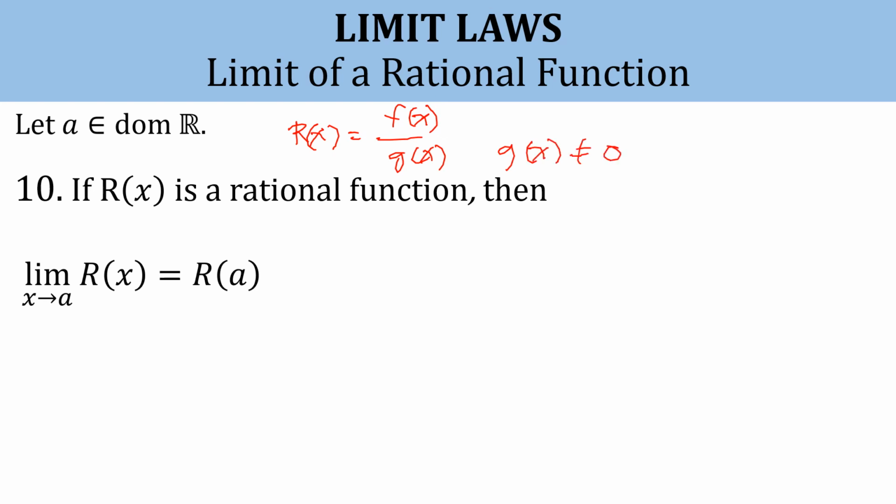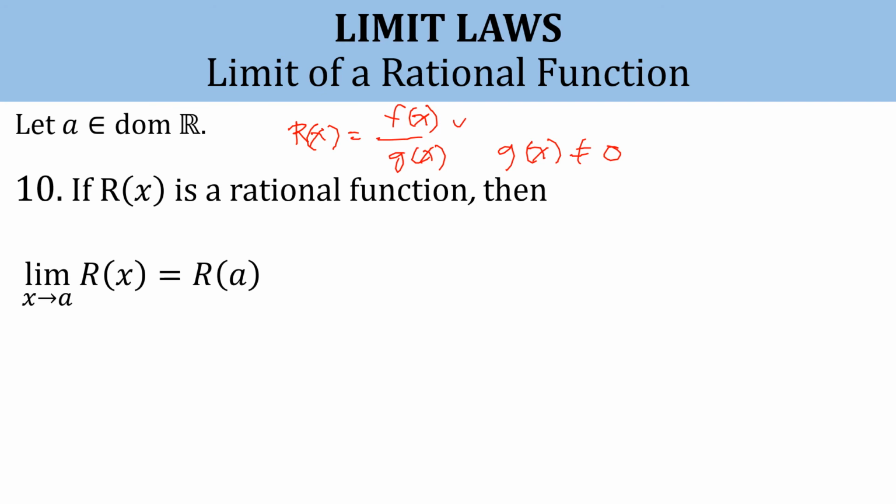The numerator can be a constant function. The denominator can't be a constant, because then the graph won't look like the usual rational functions where you have vertical asymptotes.